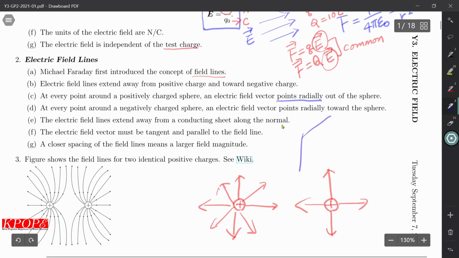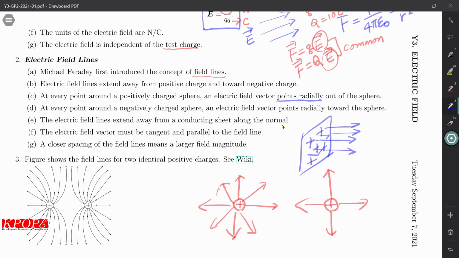Conducting sheet, electric field is normal to the sheet. Okay, normal direction. If it is positively charged, the field is normal and extends away.